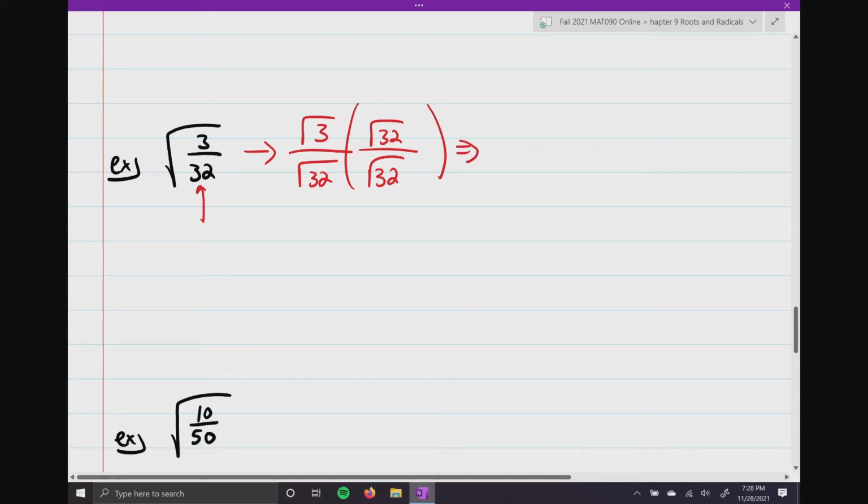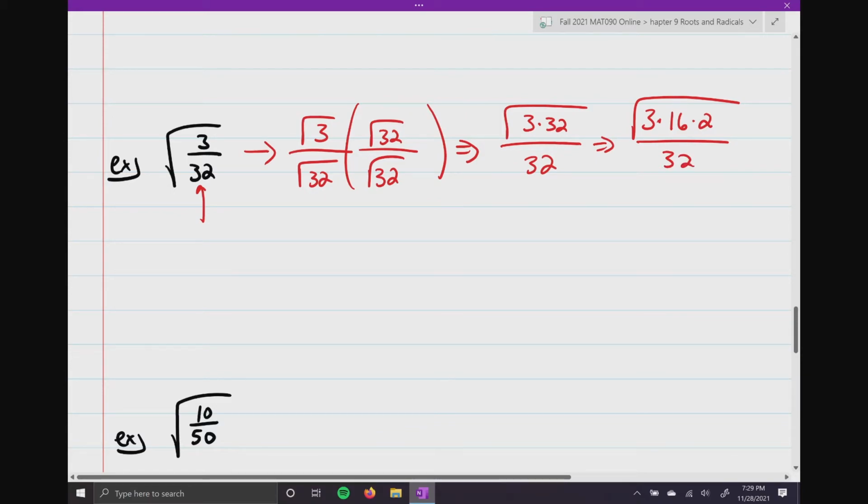So in my numerator, I'm going to get the square root of 3 times 32. In my denominator, I just have number 32. And what I'm going to try to do is break that 32 down. So leave the 3 there. I know 32 is really 16 times 2, over 32.